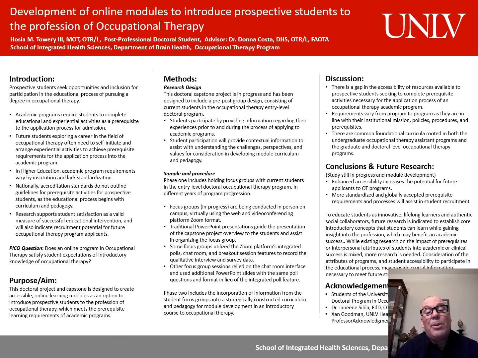Once I'm completed, I want to integrate all the contextual information I learned from the students, all their challenges and things they went through, and see what they value, and then look at developing standalone modules with a curriculum and pedagogy that the students can embrace and have an awareness of what the profession is, an expectation of what they're going to get themselves into if they commit to a program, and some foundational basic knowledge that we can build upon in academia.